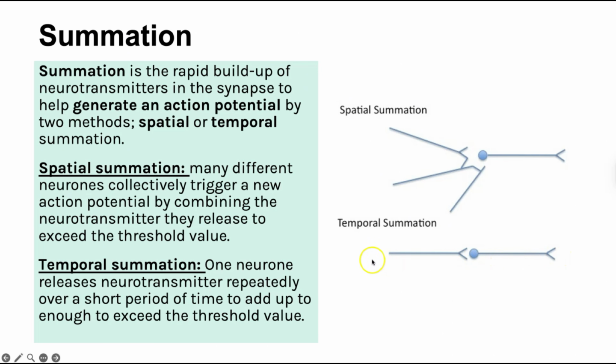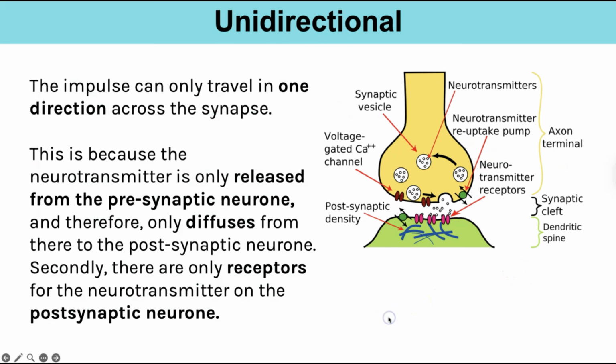And in this case, it is the repeated release of neurotransmitter from that one presynaptic neuron over a short period of time that should add up to enough neurotransmitter to cause enough sodium ion channels to open to reach that threshold potential in the postsynaptic neuron.